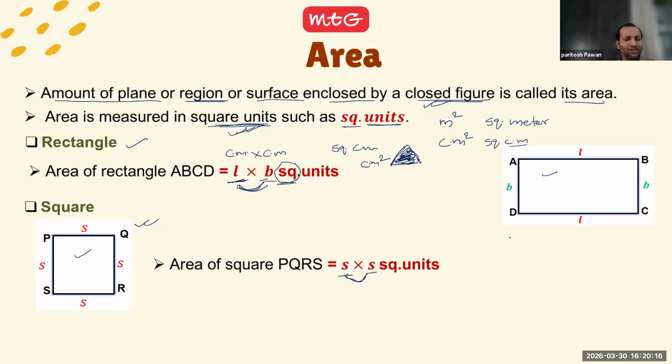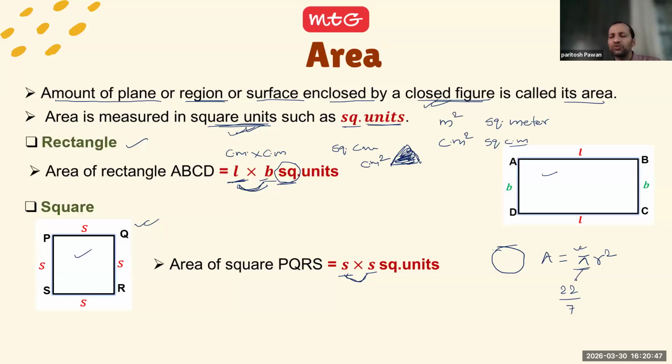Circle you have not studied, but I am just telling you the formula. The area of a circle is pi r square, where pi is the value of pi. For calculation we are considering 22/7. No need to worry about this, it is not in your syllabus, I think. You can learn it in a higher class, but just for your understanding I'm giving this example.